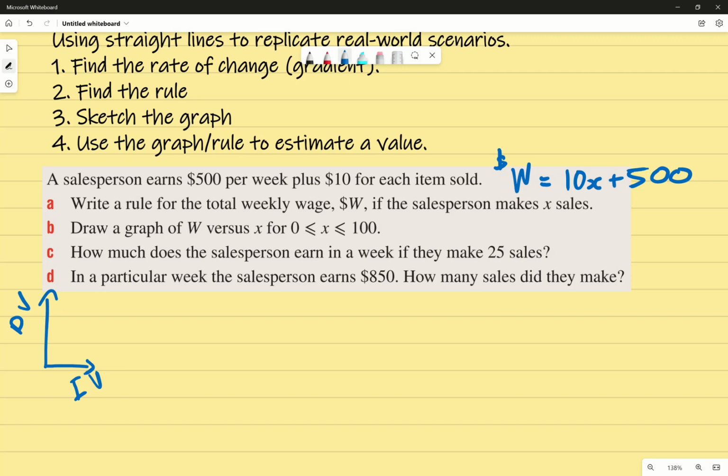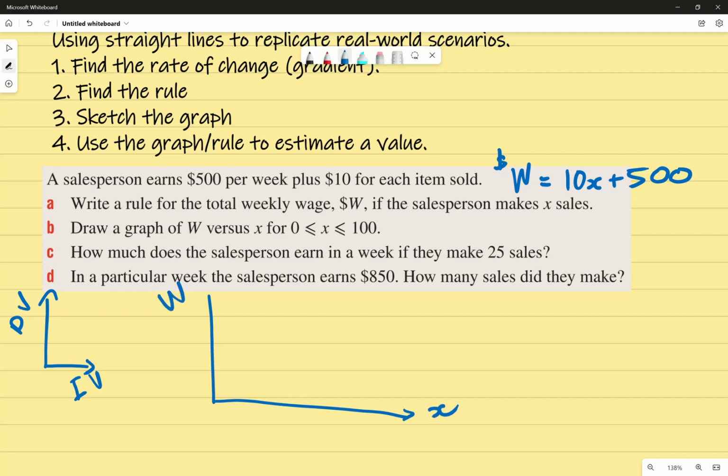Does the number of items they sell change what the wage is? Yeah. It does. So the wage would be the dependent variable and therefore the vertical one. Does the wage change the number of items they sell? No. So that would be the independent variable, the number of items sold. Great. So if we're drawing a graph, let's call this one X and this one W.